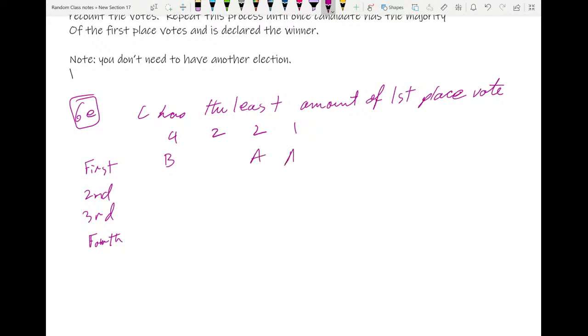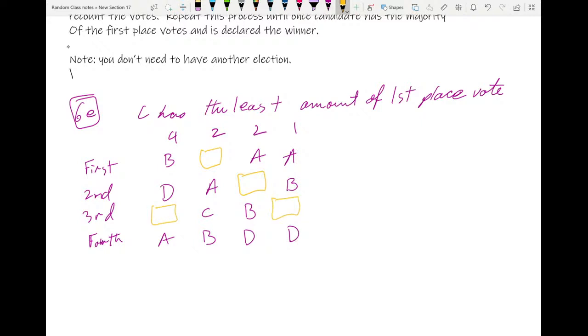A, D, A, B. Notice I'm leaving C out over here. Then you have C, D. Then you have A, B, D, D.